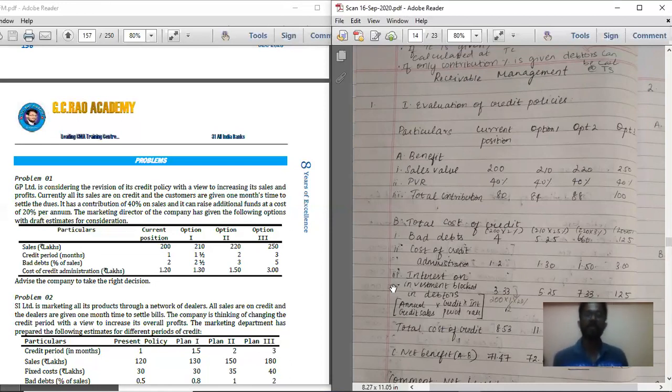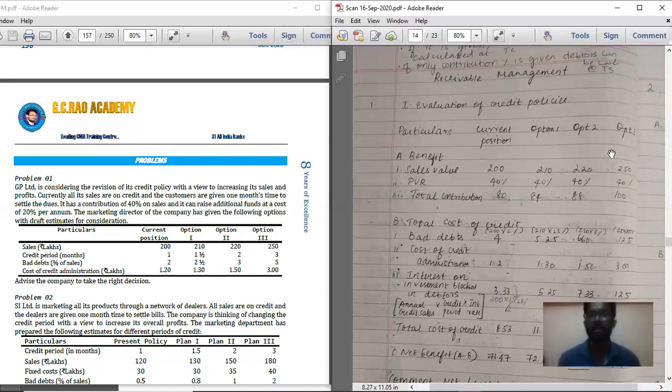So under benefits, small Roman number 1, sales value. What are the different sales values they have given? For current position, 200. For option 1, 210. For option 2, 220.